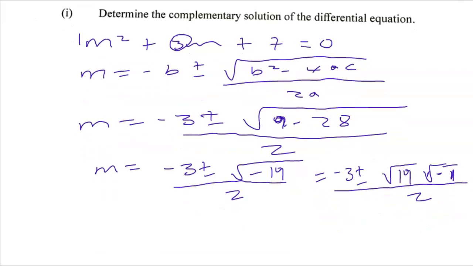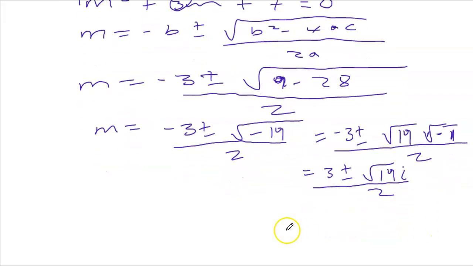So this becomes minus 3 plus or minus root 19 times i, all over 2. So if we separate this, this will be negative 3 over 2 plus or minus root 19 i over 2.